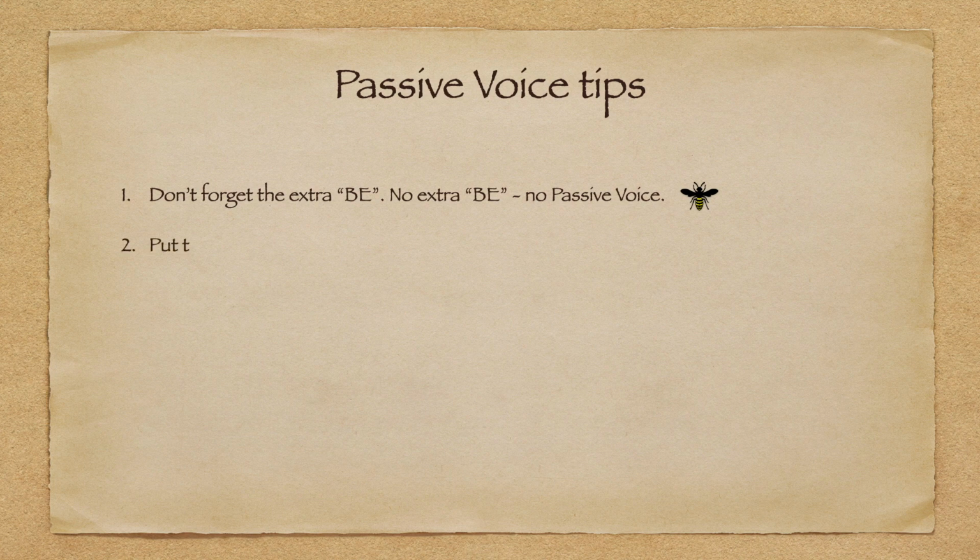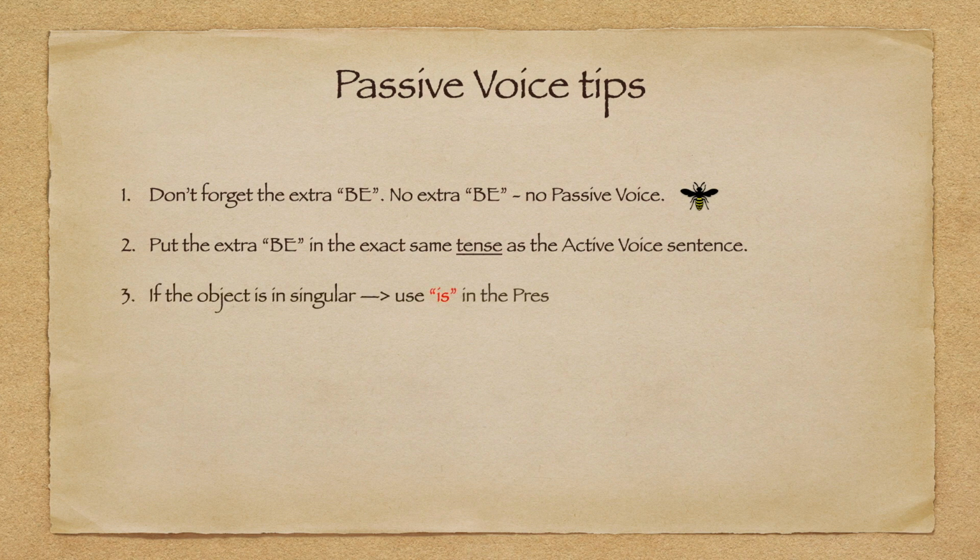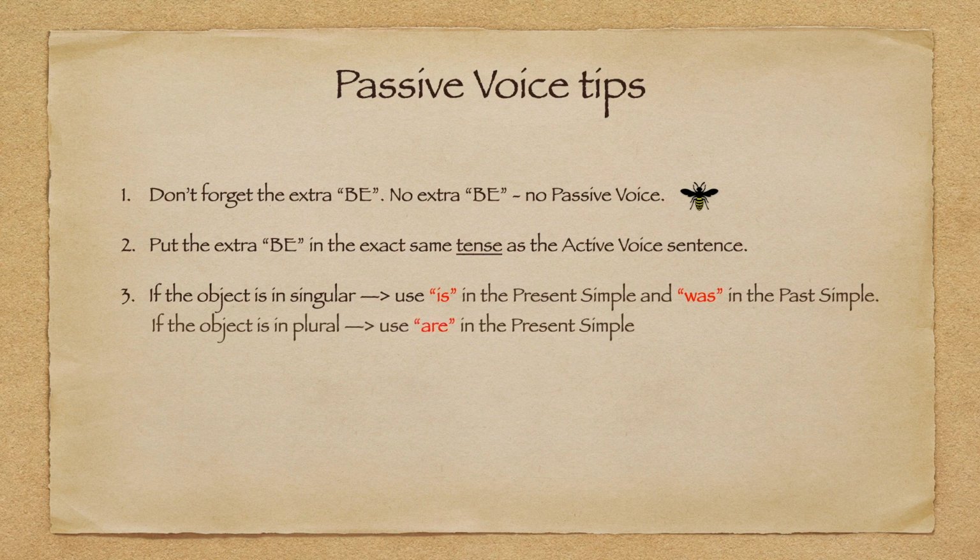Number 2, put the extra be in the exact same tense as the active voice sentence. Number 3, if the object is in singular, use is in the present simple and was in the past simple. If the object is in plural, use are in the present simple and were in the past simple.